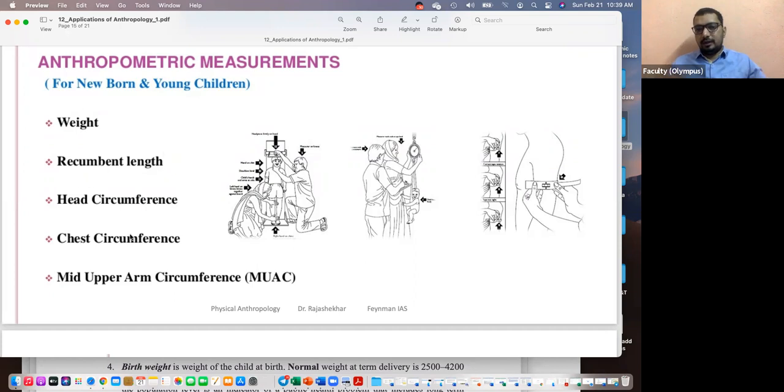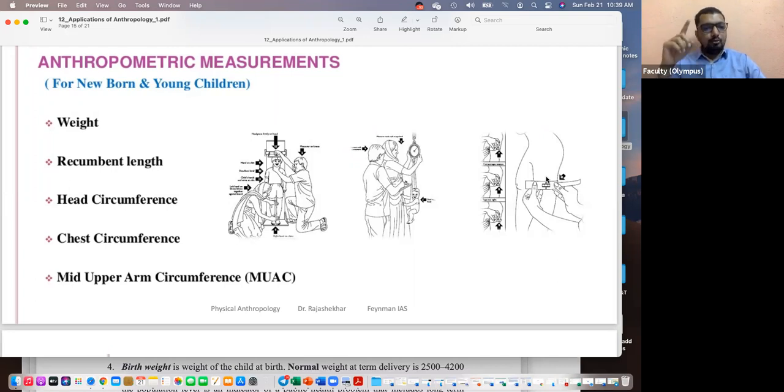Chest circumference, how the circumference of the chest is changing over a period of time, can also provide us knowledge about how fat content is growing. And plus mid upper arm circumference. If you see here, they're collecting the data on mid upper arm circumference, because this provides us the muscle as well as the fat component, since tricep and bicep come under that, and muscle growth can be understood here.